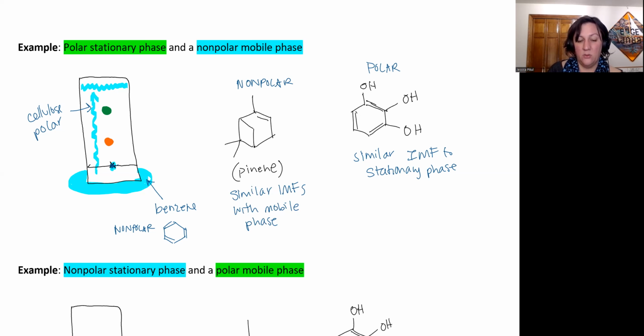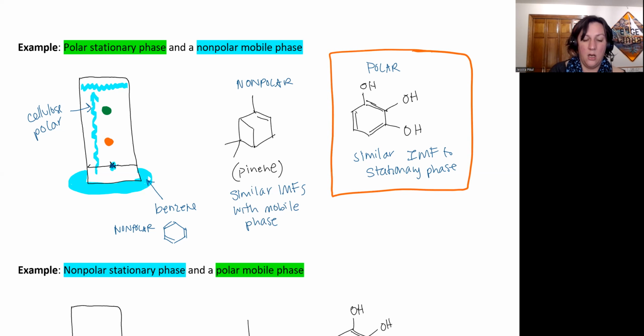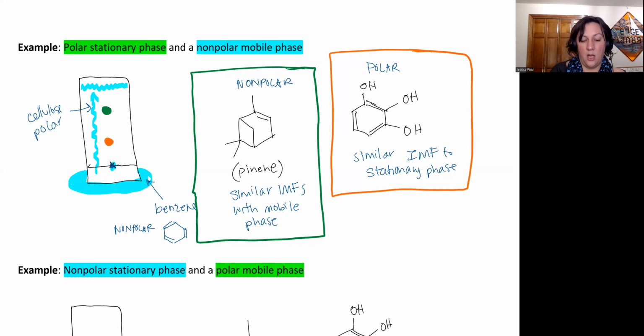And so it's going to move more slowly because it's going to have to break those interactions with the paper to move up the paper. And so we're going to see our polar compound is going to be lower on our paper, or separate out second, and our non-polar compound, the pinene, will be the green dot that's further up the paper.